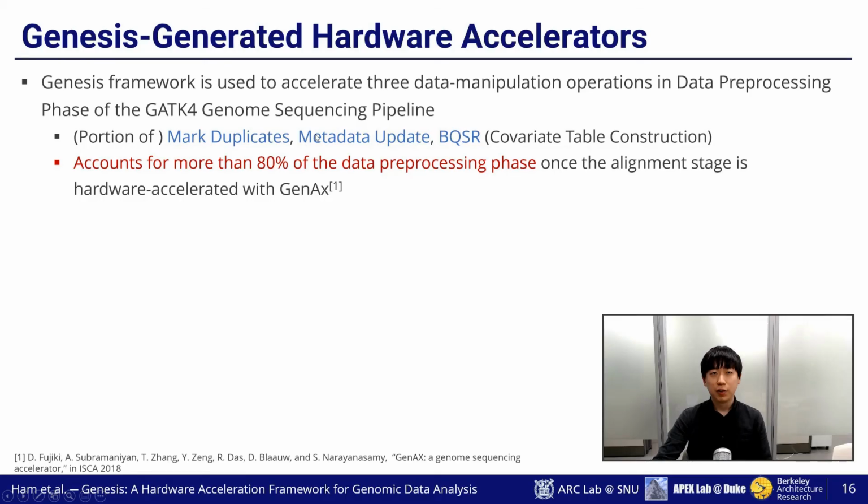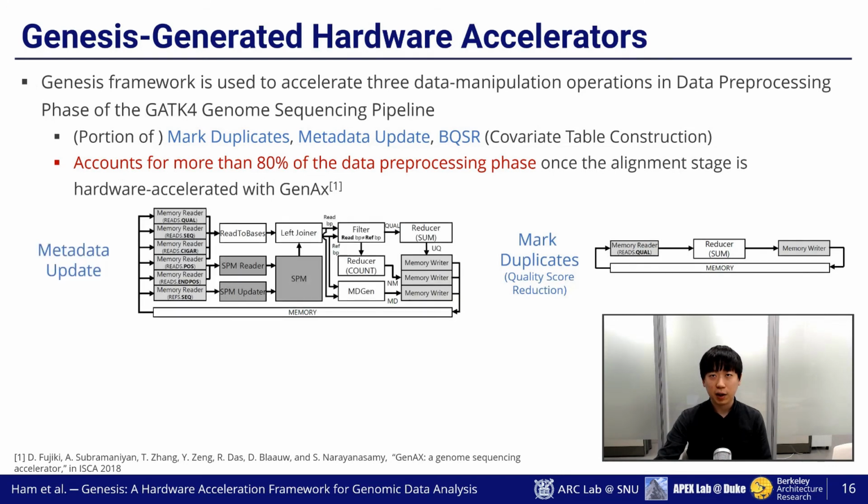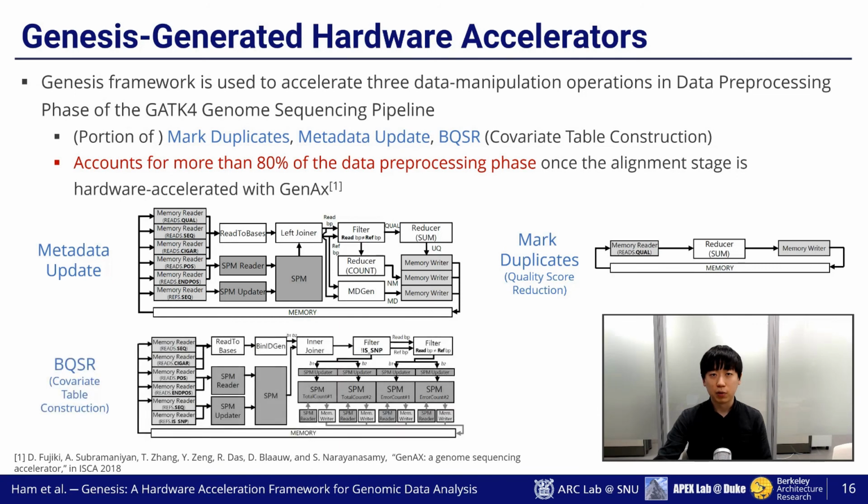With Genesis, we designed 3 accelerators targeting 3 data manipulation operations in the data preprocessing phase of the GATK4 genome sequencing pipeline. Specifically, we accelerate a quality score reduction computation in the mark duplicate stage, the metadata update stage, and the covariate table construction step of BQSR stage.